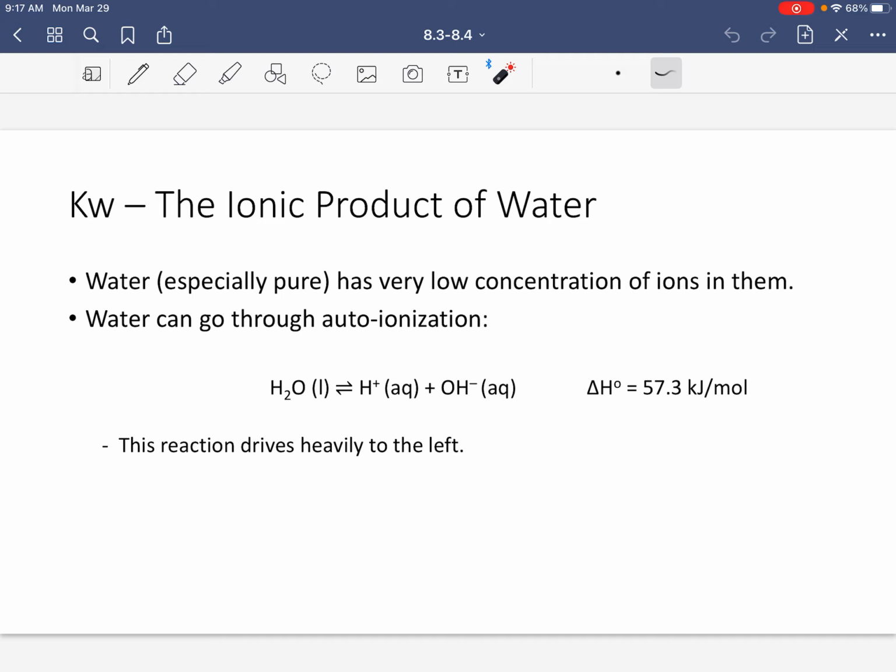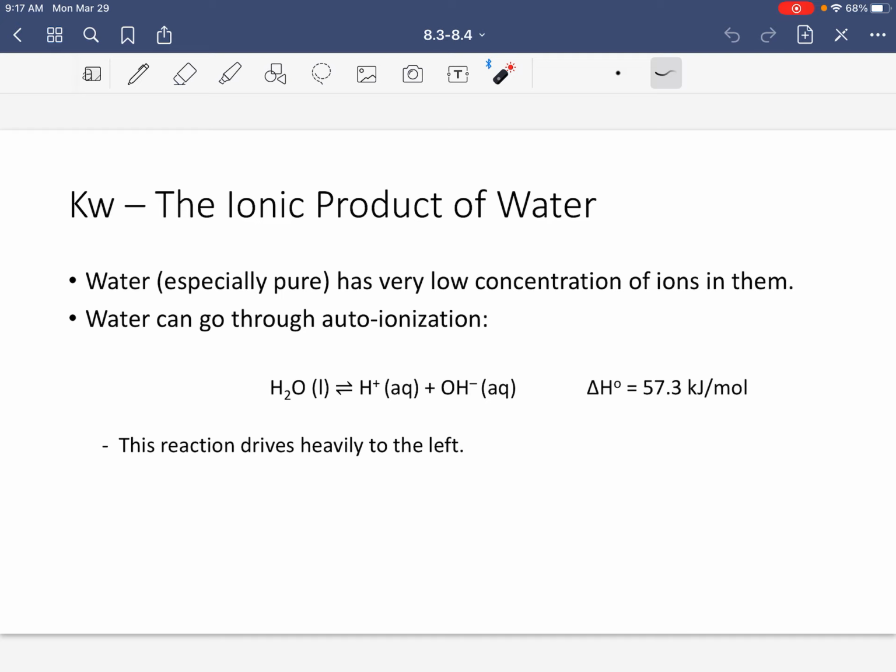By Le Chatelier's principle, which we talked about a while ago, if the reaction is endothermic, where it takes in heat, then increasing the surrounding temperature will drive the reaction towards product.